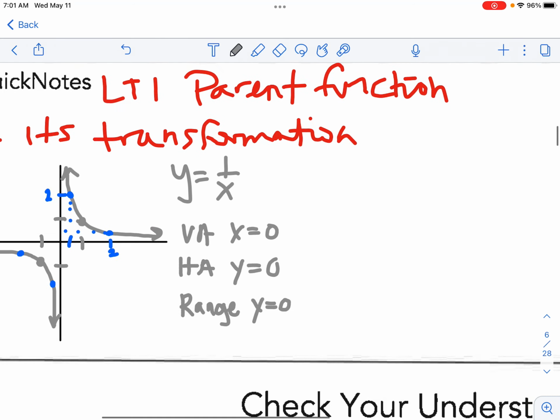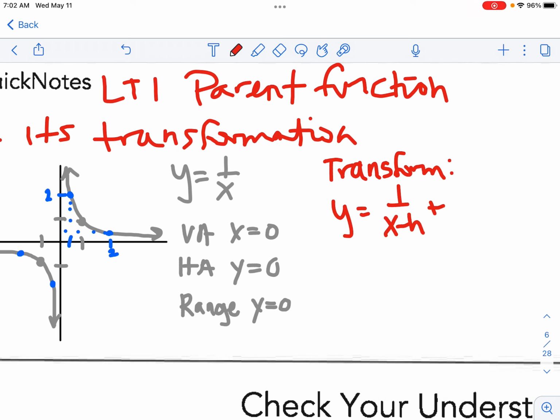And so to transform this then, let's call it transformation. The transformations then is that this equation looks like a over x minus h plus k, where, and then the one in the top, I guess I really haven't talked about the a, right? Really, it's 1 times a. We could have a stretch. I'm just looking at the homework right now. I do have some stretches on the back page.